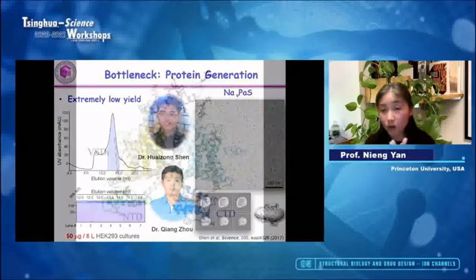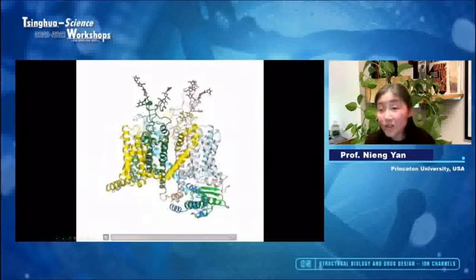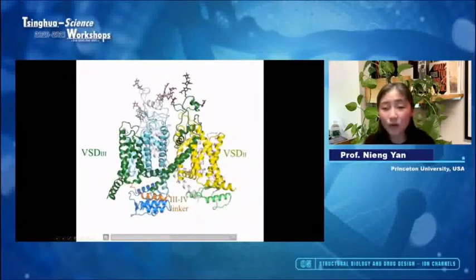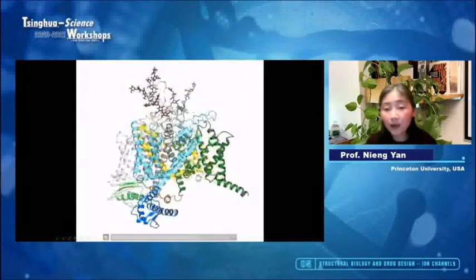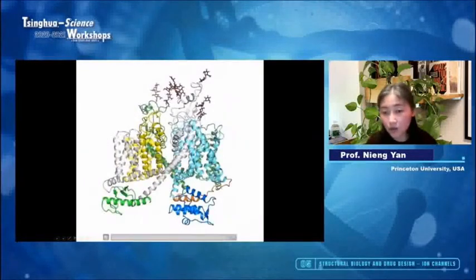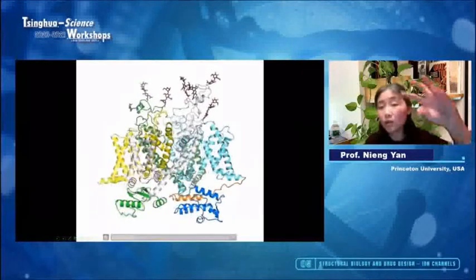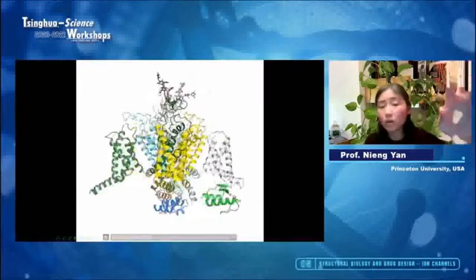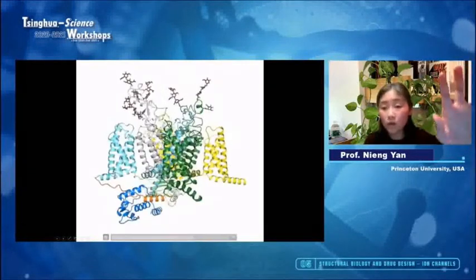To cut the long story short, we were able to solve the first structure of a eukaryotic sodium channel. As shown here, it contains four repeats, and the major part is the transmembrane region. On top are the extracellular segments, where several glycosyl moieties were revealed.